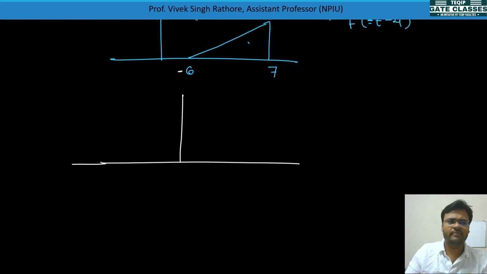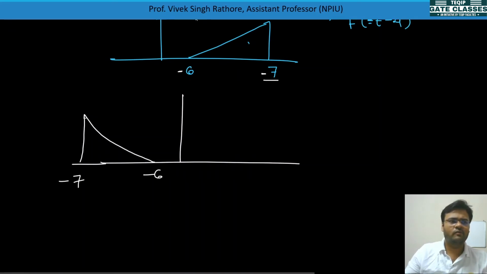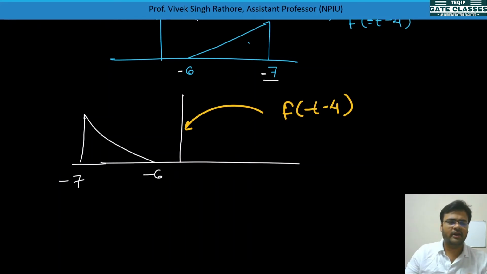So here it will come negative, here it will come negative, and this will be shifted here. This minus 7 will come from here and minus 6 will be there. So your f(-t-4) has arrived here.